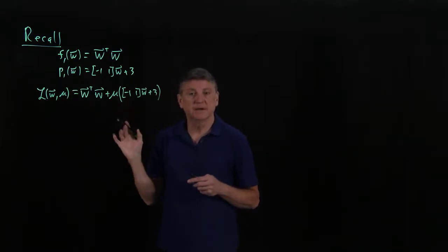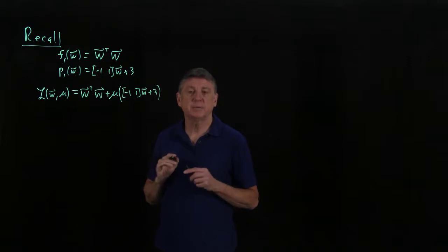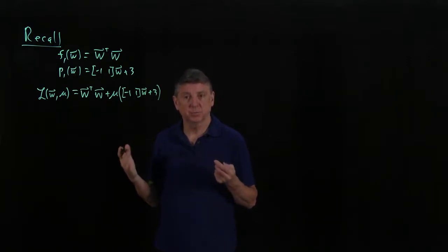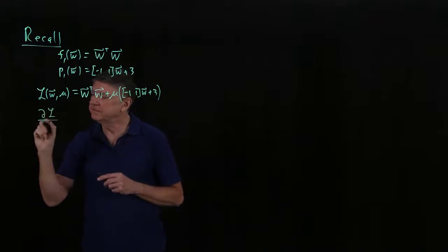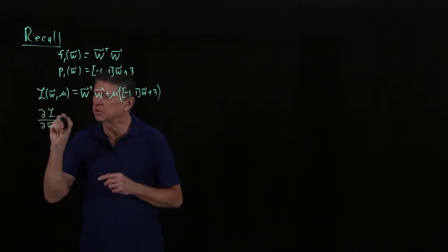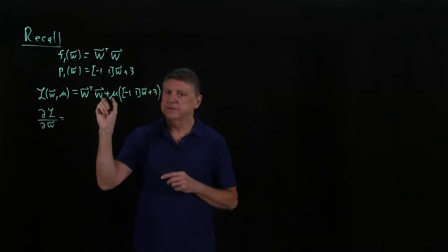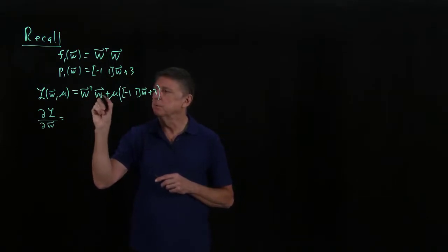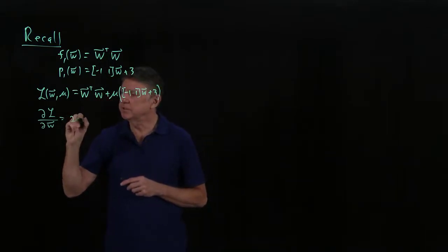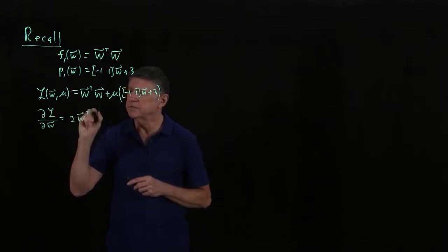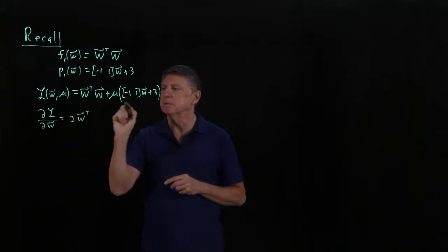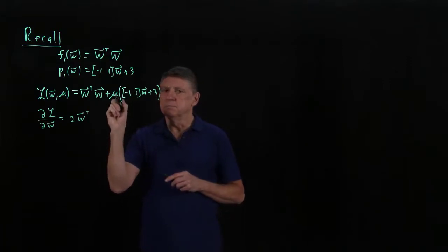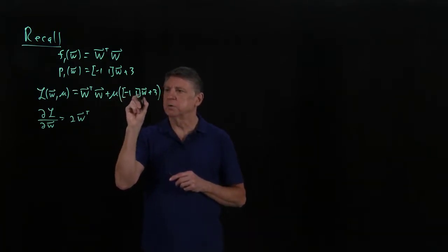Next, we need to find the Lagrange equations, and we begin by finding the derivatives, which are 1-forms. The partial derivative of this function with respect to the vector argument: when we differentiate this term with respect to W, that will be 2 times W transpose. And when we differentiate this term with respect to W, that will be mu times minus 1, 1.